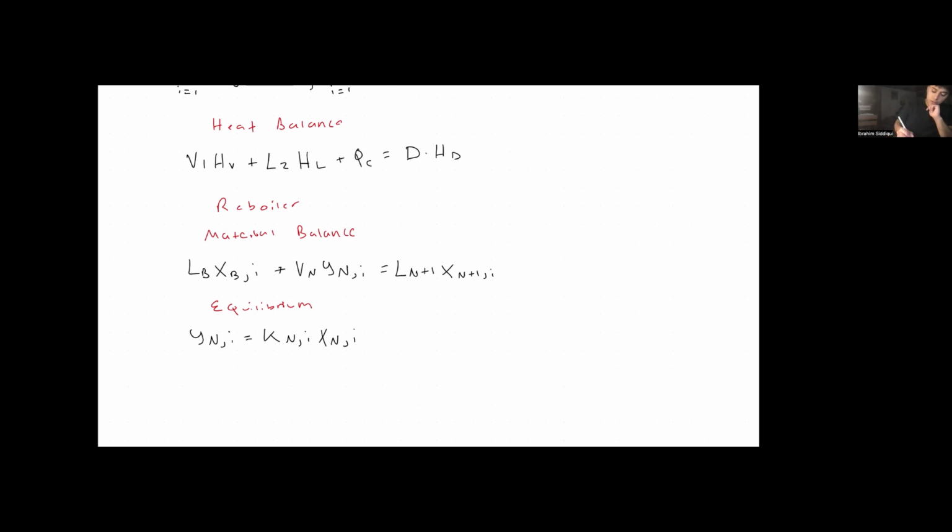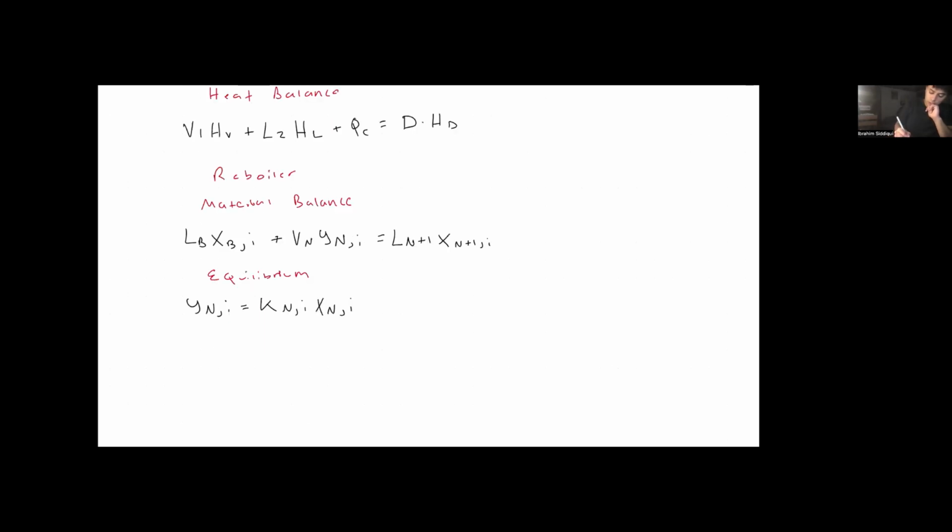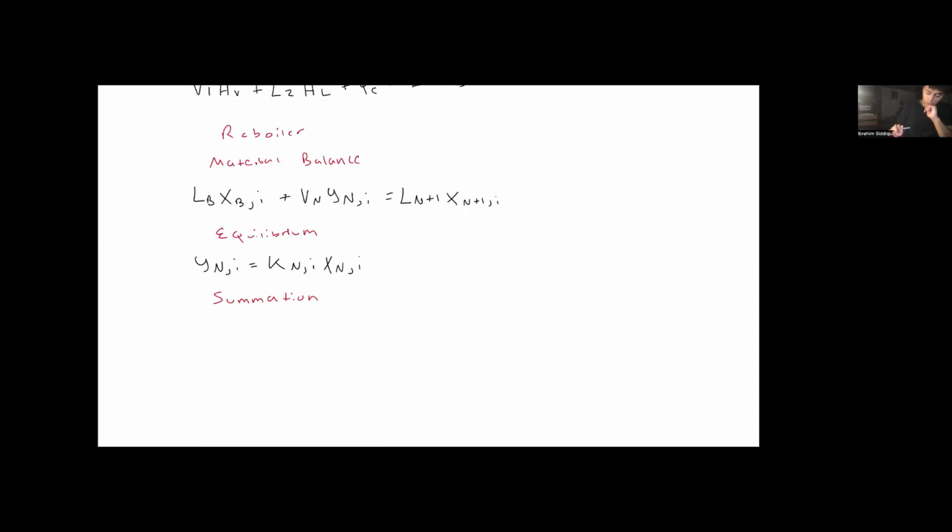Cool. All right, so now looking at our summation. For our summation, again, this is going to be equal to 1, and in this case it's going to involve our stage n plus 1.